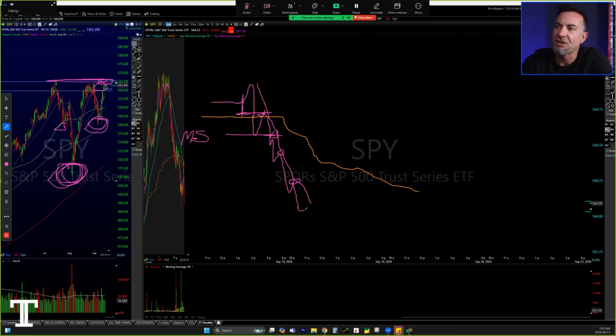So once the action starts coming up, and again, it's going to be very extended, and it's kind of like a slow, gradual climb back up into the VWAP.